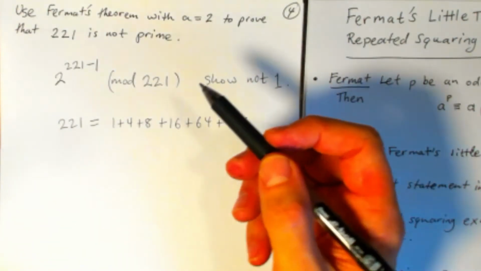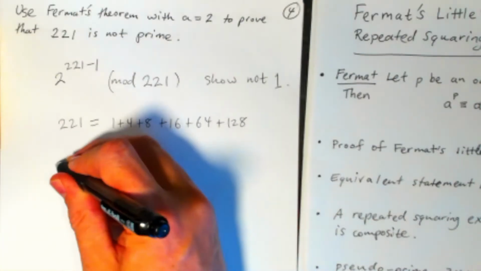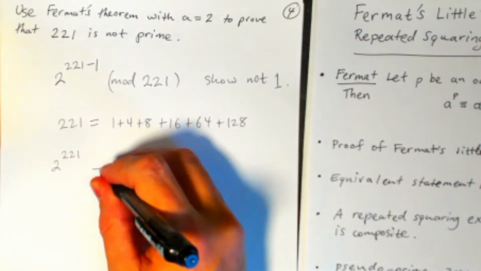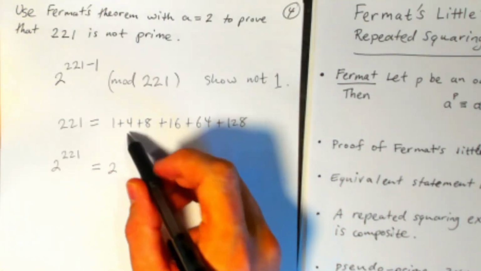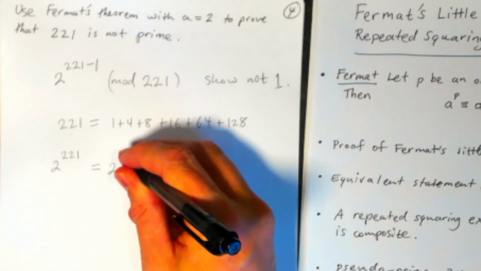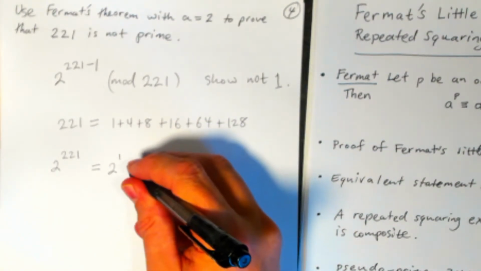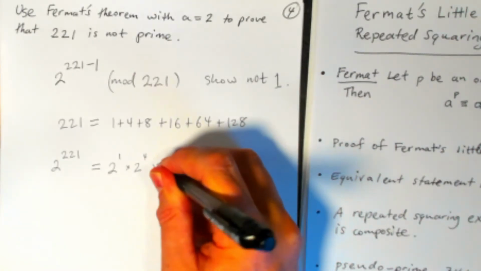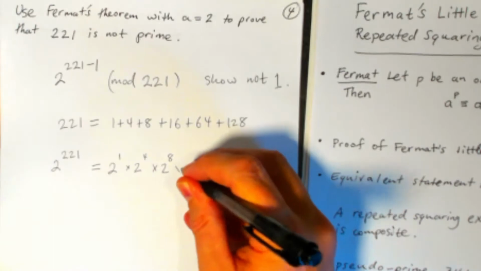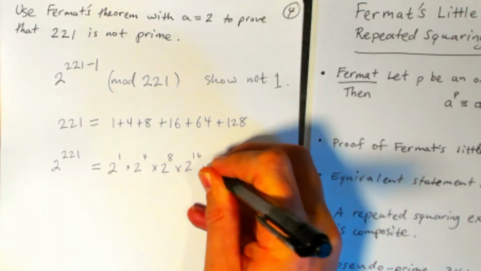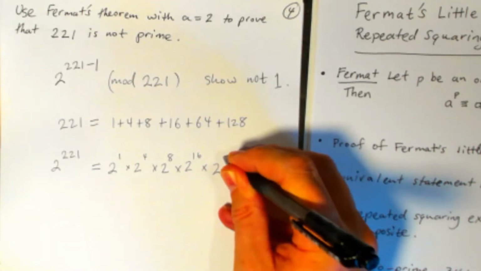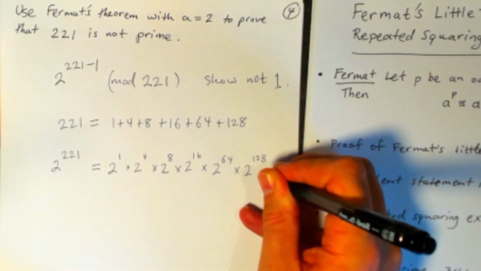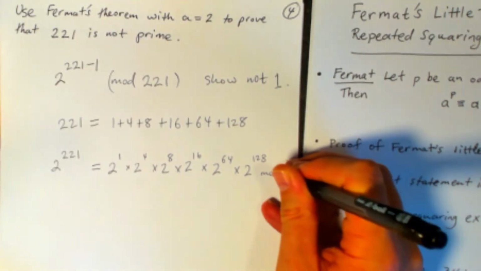Okay, and so now we want to use the fact that 2 to the power of 221 must be equal to 2 to the power of this sum, but then using the fact that we can break this up as a product, 2 to the power of 1 times 2 to the power of 4 times 2 to the power of 8 times 2 to the 16th times 2 to the 64th and 2 to the 128 mod 221.